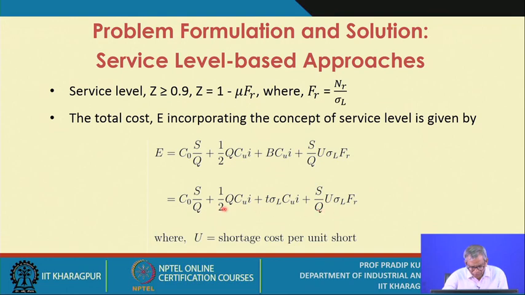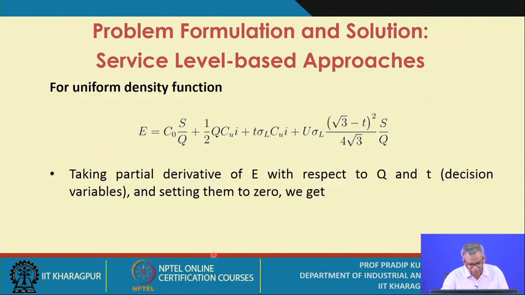So after the simplification, this is CO into S by Q plus half Q into CU into I, and I is the inventory carrying cost as a proportion of the average inventory which you hold. And now B is replaced with T into sigma L, into CU into I, and this is S by Q into U sigma L into Fr. Okay, so all the terms we have explained. Now for the uniform density function, here you have the expression for Fr.